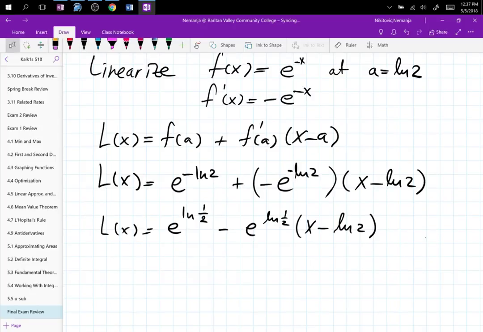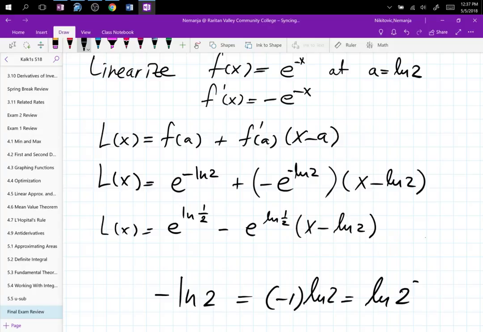So what I did is I took this negative ln 2, wrote it as a negative 1 times ln 2, used the rule to move this negative 1 as the exponent, and then wrote it as the 1/2. That's what happened when I look at these things.